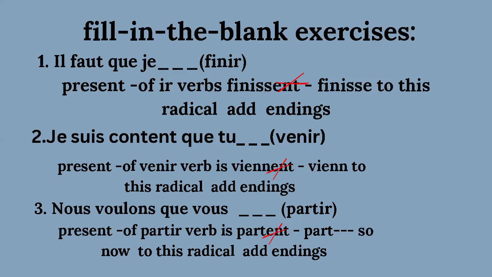So it will take the regular subjunctive rule, as per the rule, viennent, again remove the ENT, and to this radical we will add our subjunctive ending, viennes. Now the third one is my verb partir and my subject is vous before the blank. So I want you to write in the comment below what will be the answer for the third one.